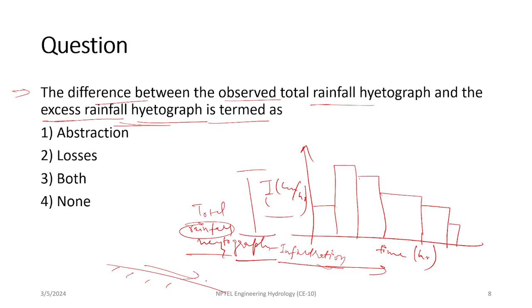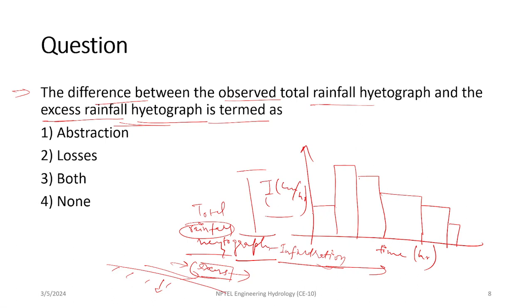Whatever runoff depth we are getting is part of the total rainfall, but it is now termed excess rainfall. This much excess rainfall is not going beneath the ground surface. Instead, it is generating a surface or direct runoff.